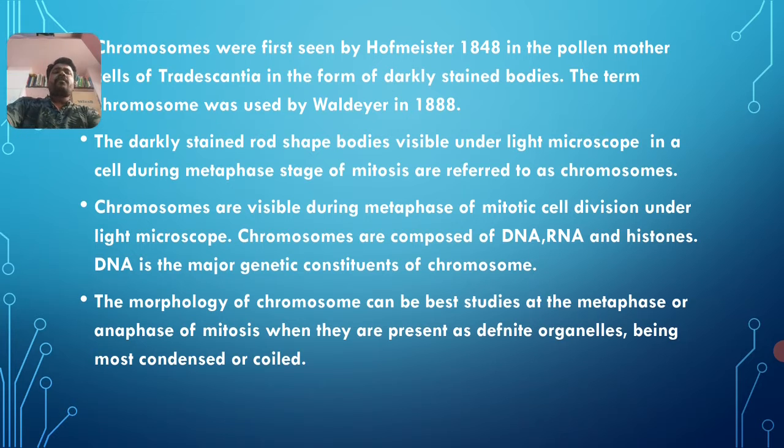Chromosomes were first seen by a person called Hofmeister in the year 1848, in the pollen mother cells of the Tradescantia plant, in the form of darkly stained bodies. But the term chromosome was coined by Waldeyer in the year 1888.